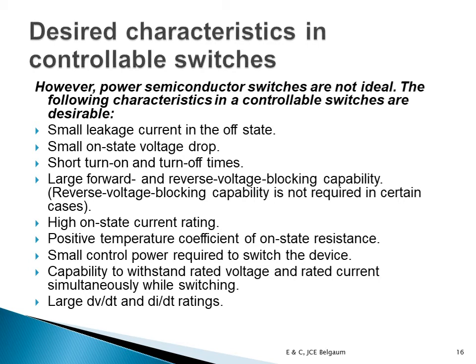So there is a change of voltage with respect to time. How fast that voltage changes is the dV by dt, and at the same time how fast the current is changing is di by dt. It's a stress, right? So whether it is able to withstand that, otherwise the device will get damaged.